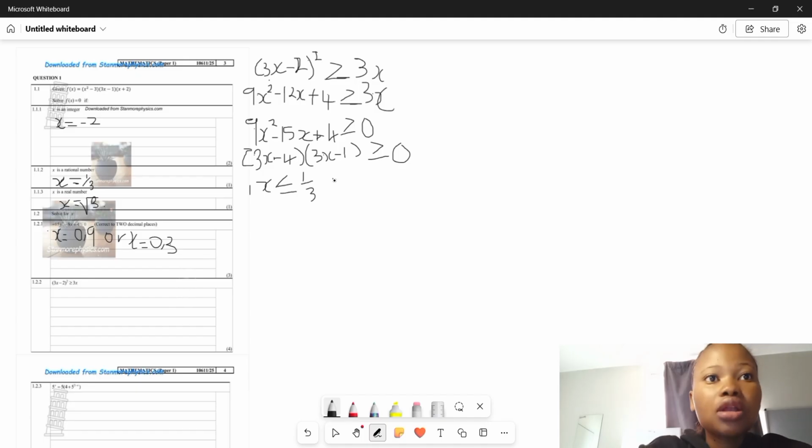When you solve for x, we're going to have x is less than or equal to, or, remember, you see how the sign changed. It changed, and I'll explain that real quick. x is greater than or equal to 4.